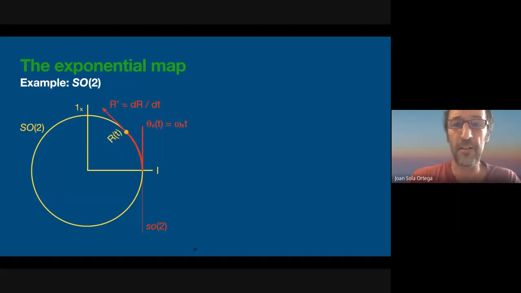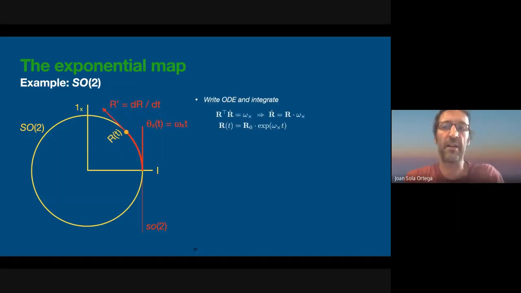Okay, so let's see. Let's write R transpose R dot equals omega cross. Isolate R dot from this equation. R dot equals R times omega cross, and this is an ordinary differential equation that we can integrate. You can integrate this by doing exactly this operation: R of t equals R0 times exponential of omega cross t.